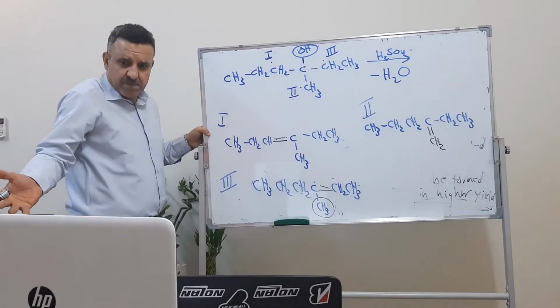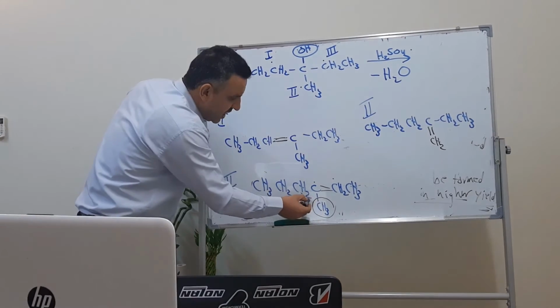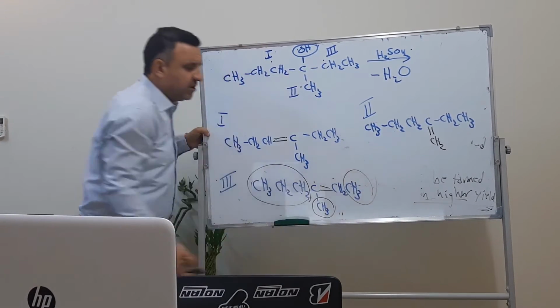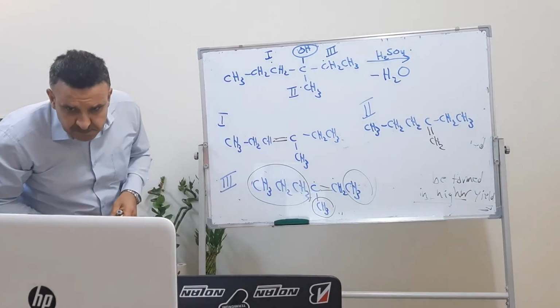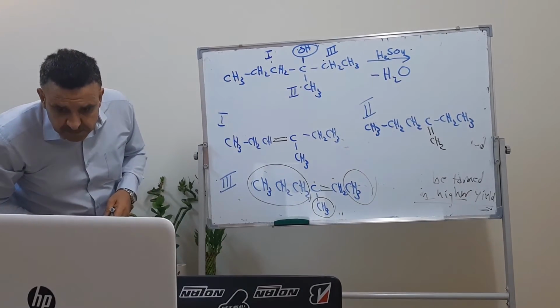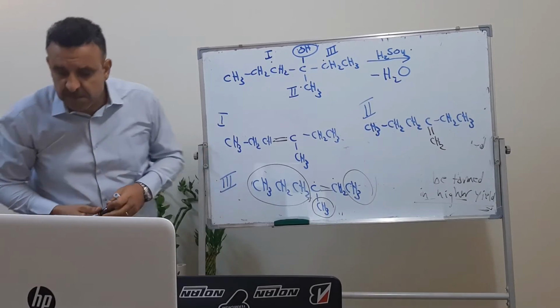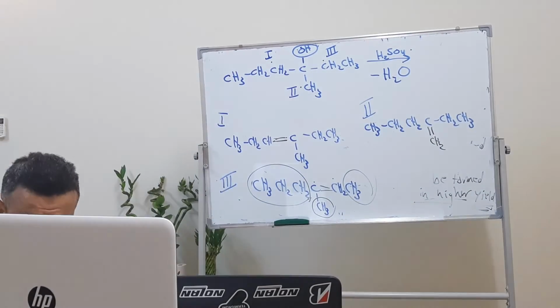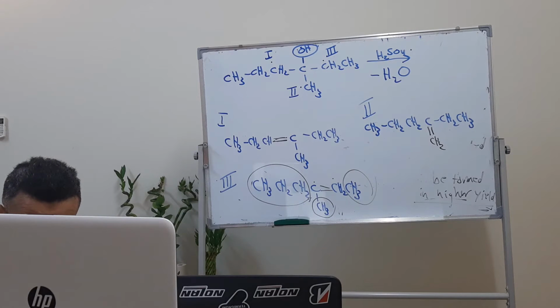Very simple, right? So this is one alkyl group, this is another alkyl group, and this is another alkyl group, isn't it? Is that clear? Yes, doctor. Are you sure? So this is a tri-substituted alkene.